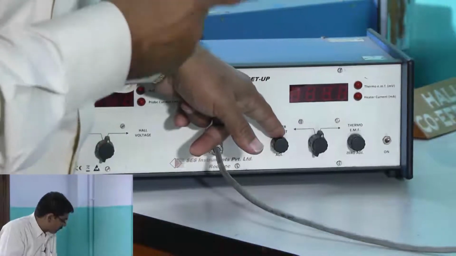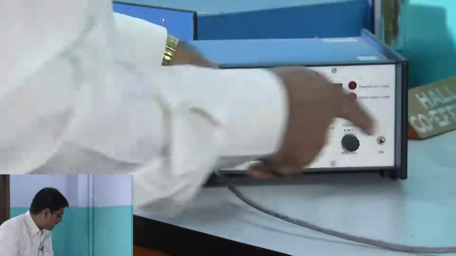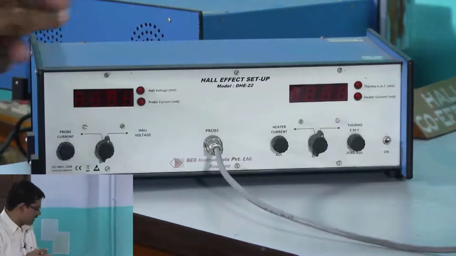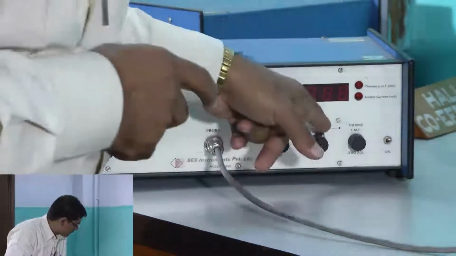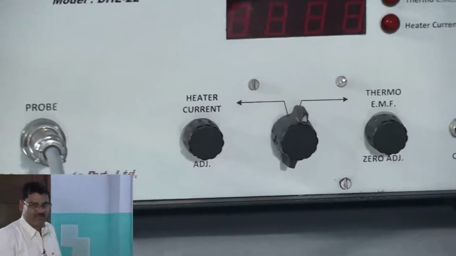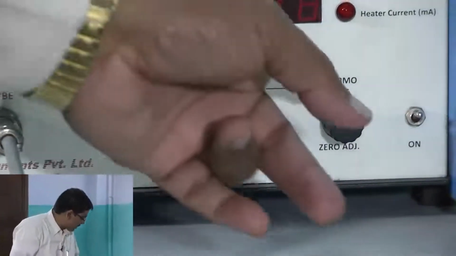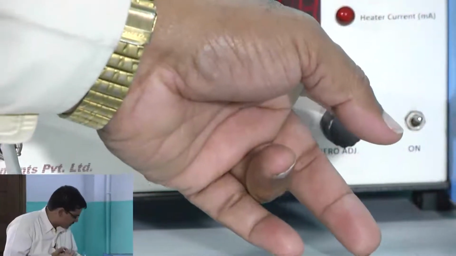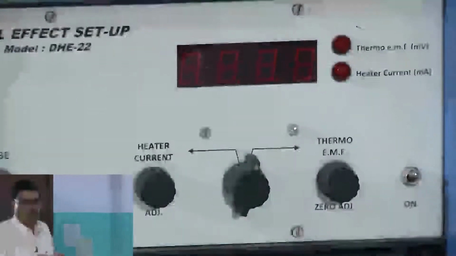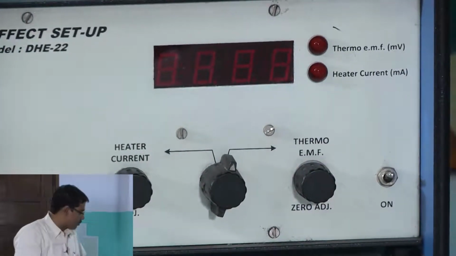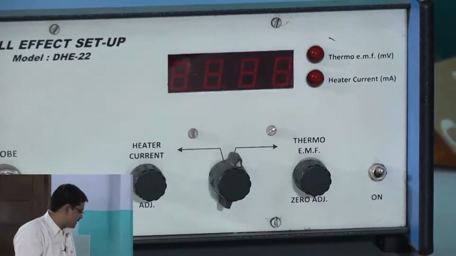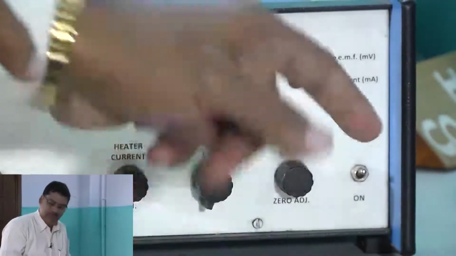As I told you, we will measure the temperature with a thermocouple. I will explain what it is. A thermocouple gives an EMF, called thermo EMF, which is basically a voltage. Here we will be able to see the thermo EMF, and one has to calibrate temperature versus this thermo EMF.